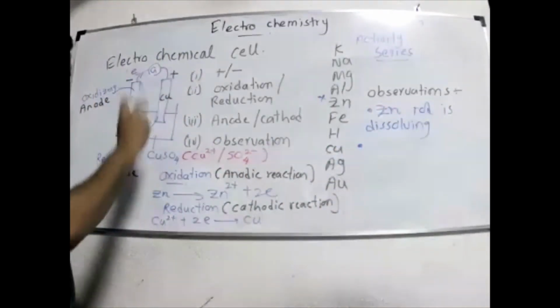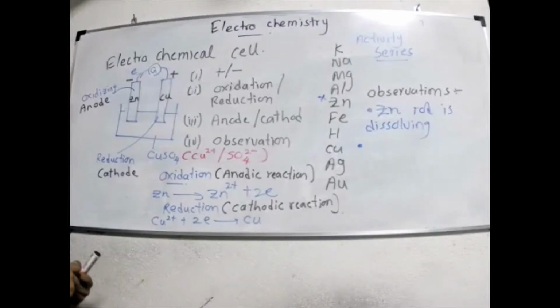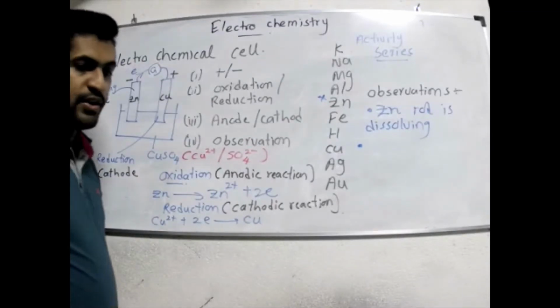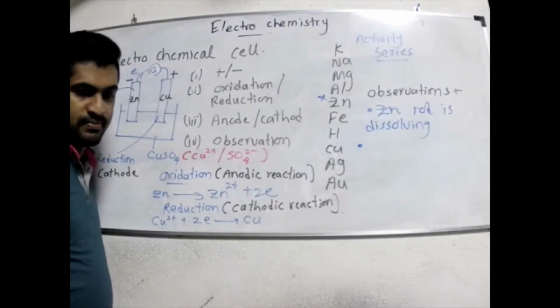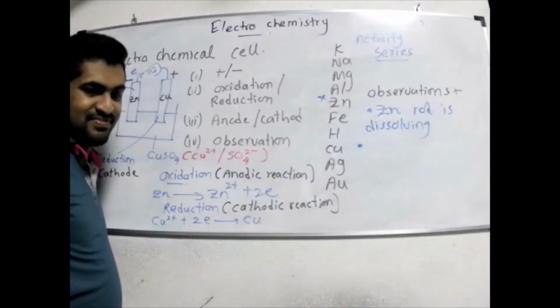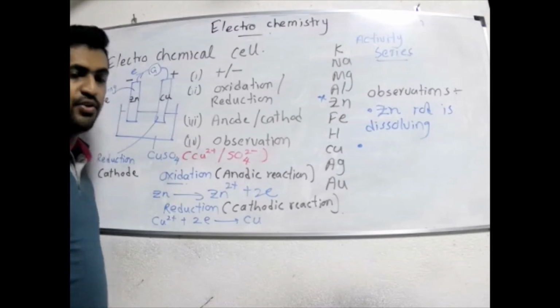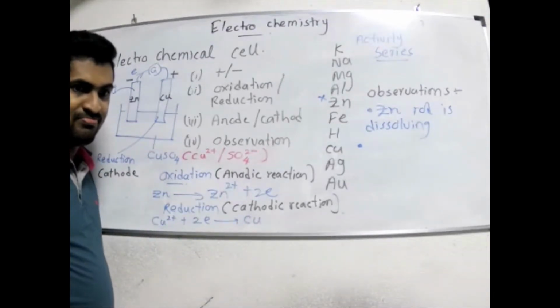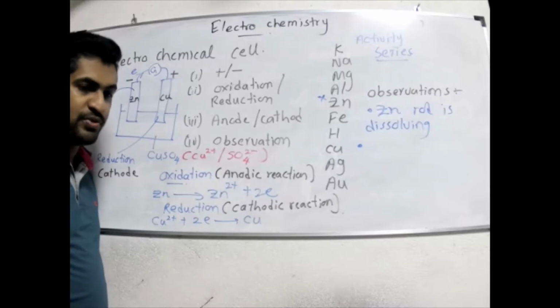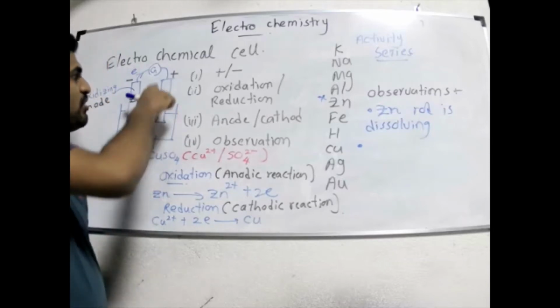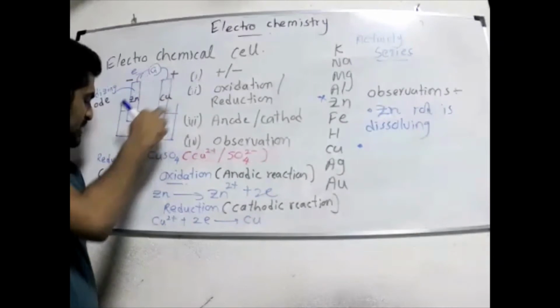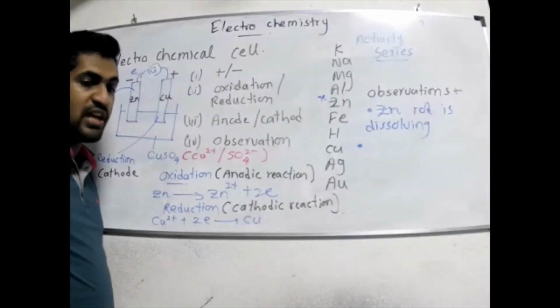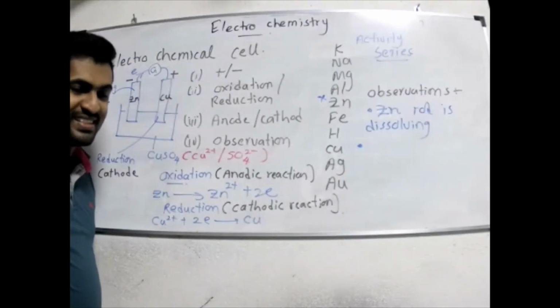What is happening to the copper rod? That is copper sulfate. I'm asking about this copper rod, the copper metal. That means the cathode. What is happening to the cathode? Releasing of bubbles?